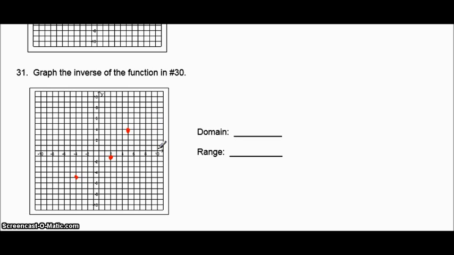So we'll do 8, 11. So this would be the inverse. And we'll see that the domain now starts at -4. You can say it's from -4 to infinity. And the range begins at -5, so it is -5.